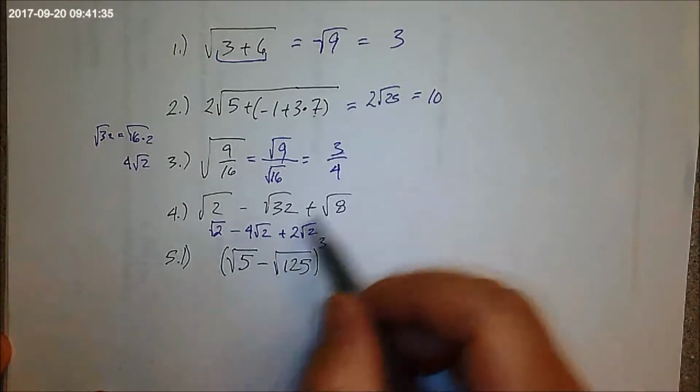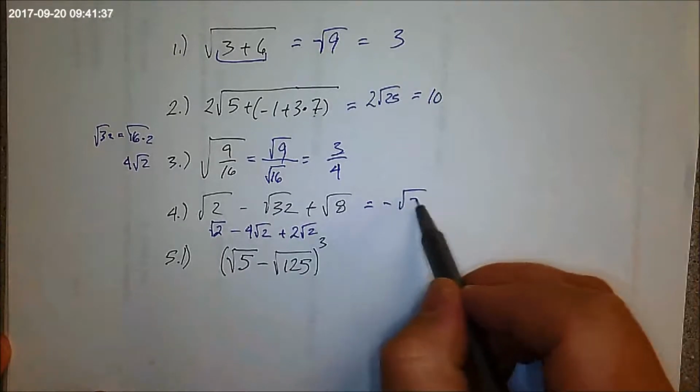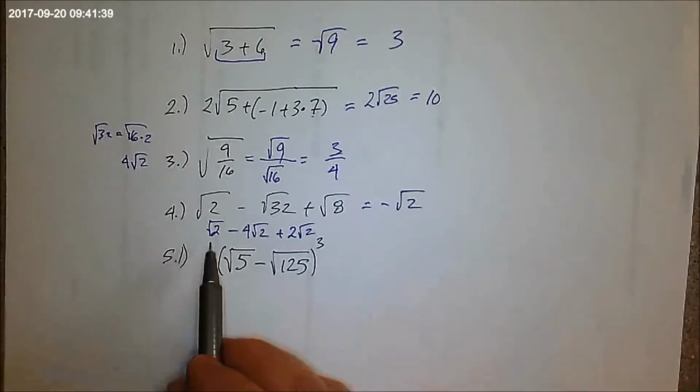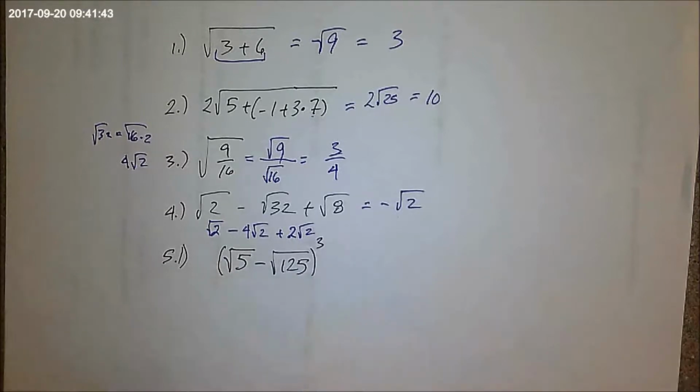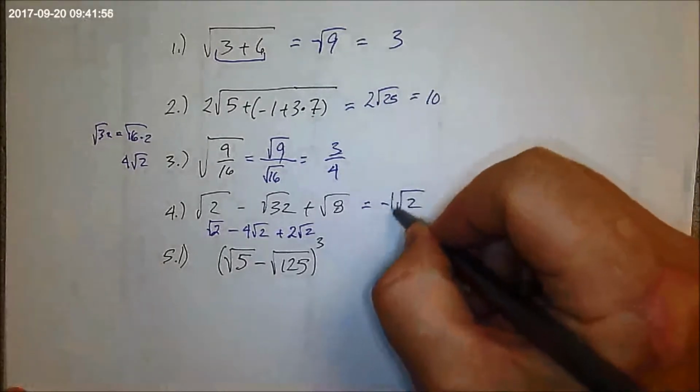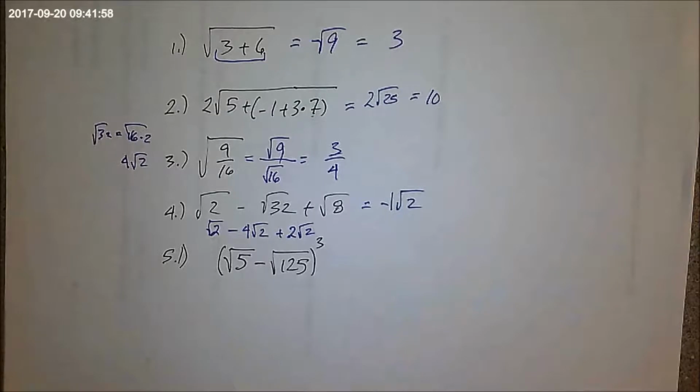Is that right? So this is equal to negative square root of 2. Because 1 minus 4 is negative 3. Negative 3 plus 2, negative 1. Mikey, we doing good? Yeah? Say that again? Could you do it like that instead, like negative 1? Sure.